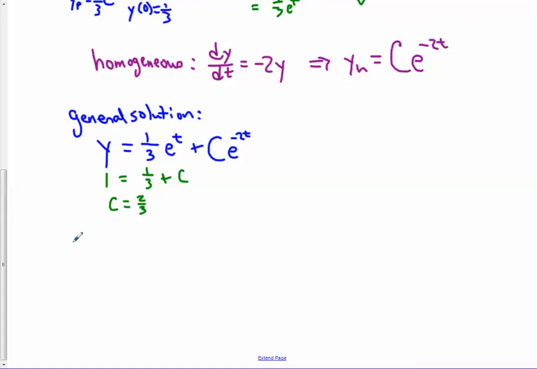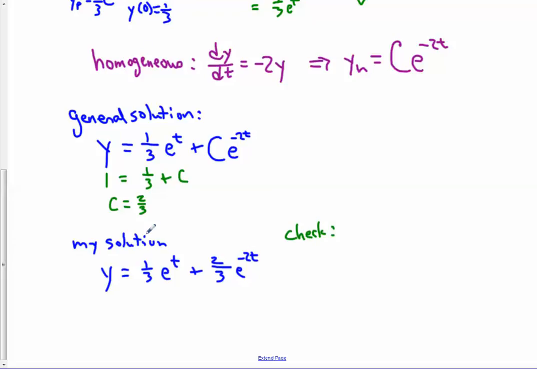So my solution to my initial value problem would be y equals 1/3 e to the t plus 2/3 e to the negative 2t. Let's just check that.